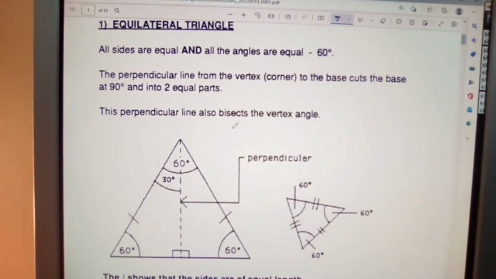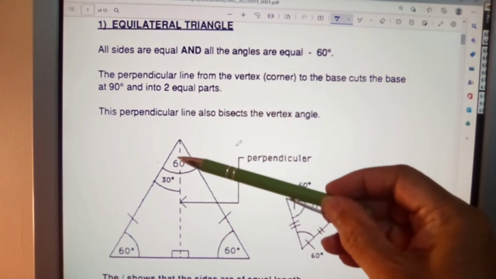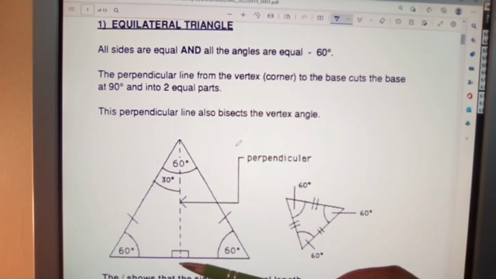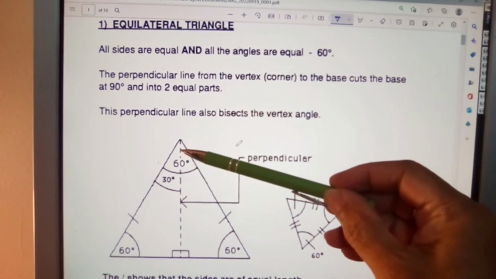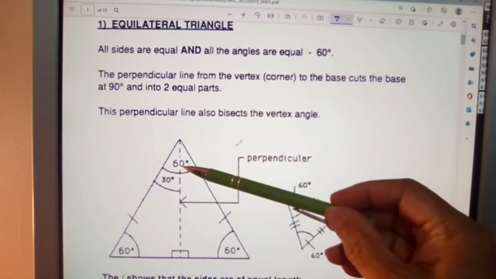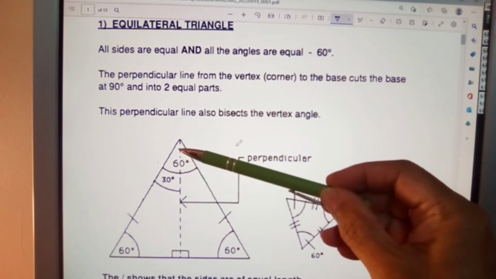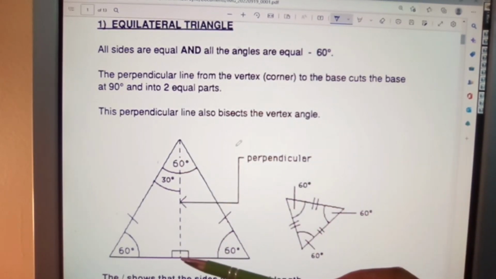The perpendicular line, that is your perpendicular line here, comes down and it cuts this line here, intersects it. And where this vertex intersects at the baseline, it forms two angles of 90 degrees.